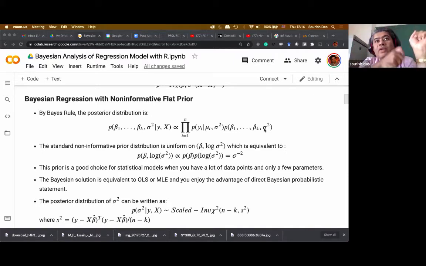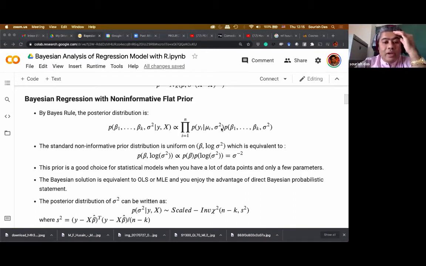So beta 2 can take any value between minus infinity to infinity. Sigma square is a scale parameter. It has its own meaning. It's a sample variance or population variance. It can take only values between 0 to infinity. It cannot take a negative value. So that is what I'm talking about.